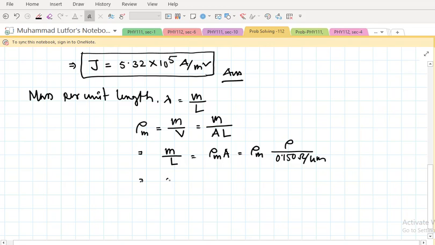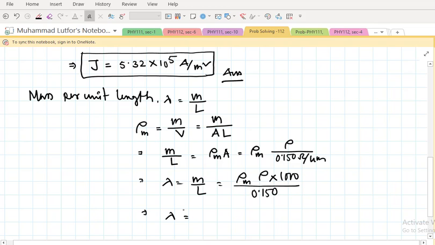So lambda, the mass per unit length, would be mass density into resistivity into 1000 divided by 0.150. That would be the case.